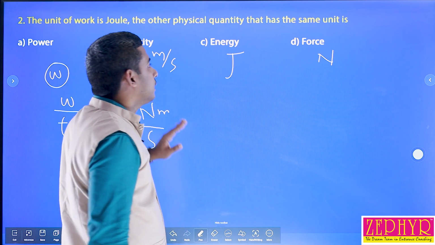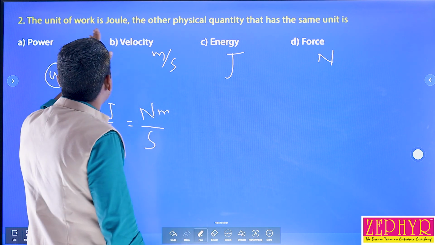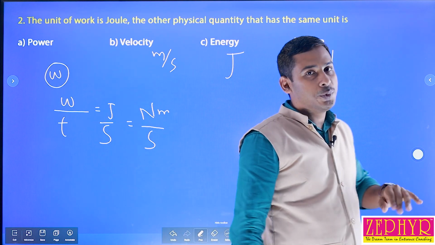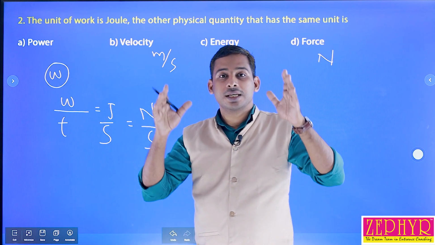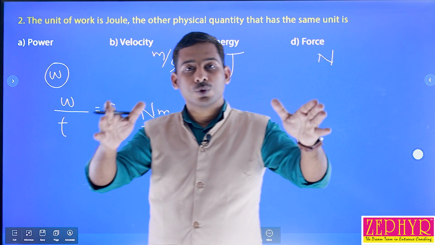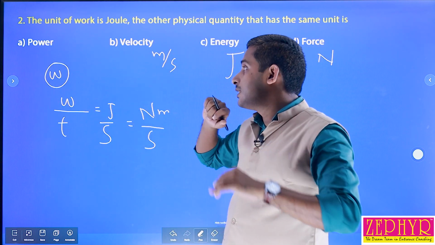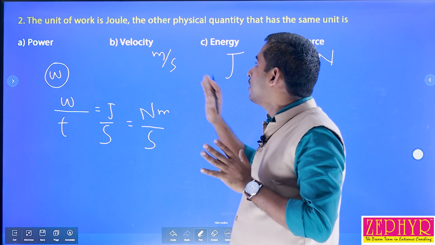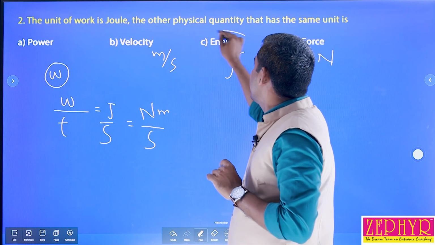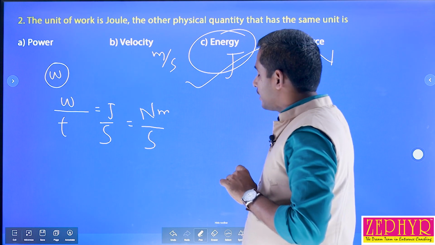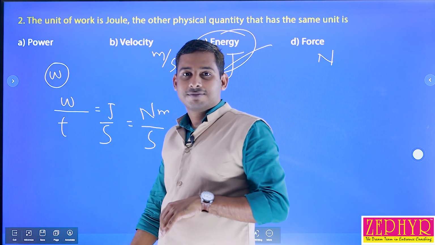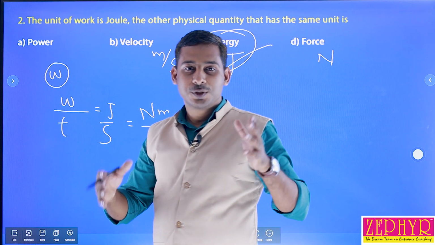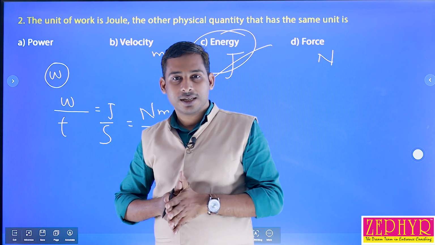In the question they are saying the unit of work is joule, the other physical quantity that has the same unit, that means we have to choose the physical quantity having the same unit as work. So the answer is energy, right. Hope everyone understood the concept and the answer.